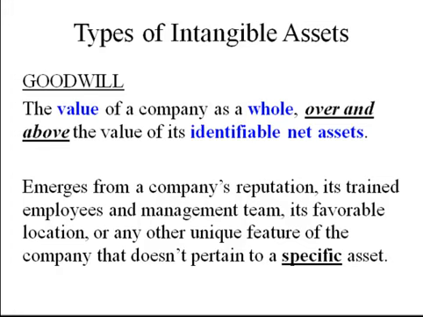Goodwill. Before we discuss goodwill, understand it's not the term that you're accustomed to identifying with the thrift store. In the context of an accounting balance sheet, goodwill refers to the value of a company as a whole over and above the value of its identifiable net assets. This emerges from a company's reputation, its trained employees and management team, its favorable location, or any other unique feature of the company that doesn't pertain to a specific asset.